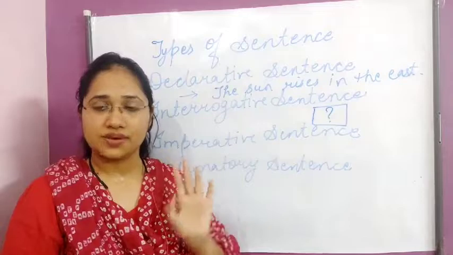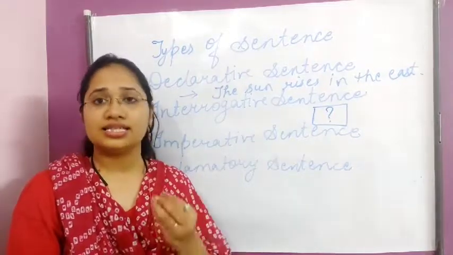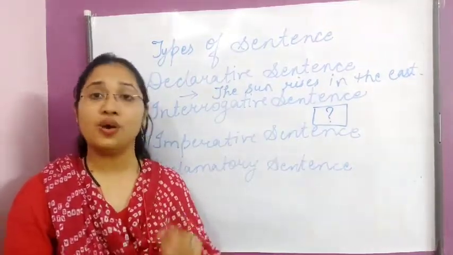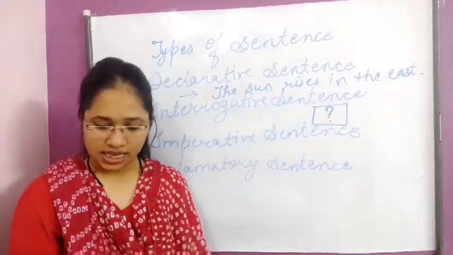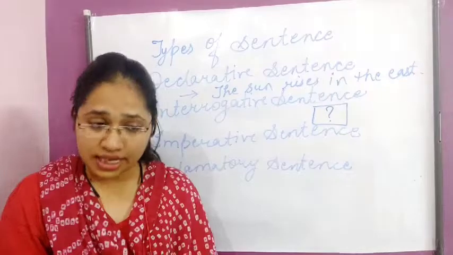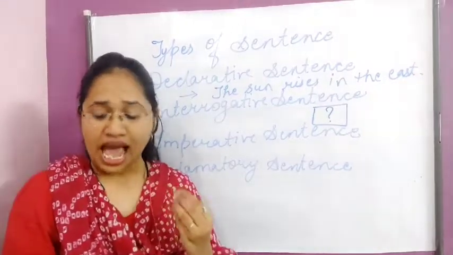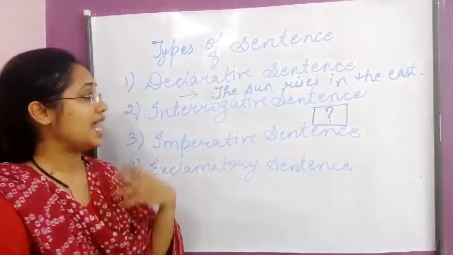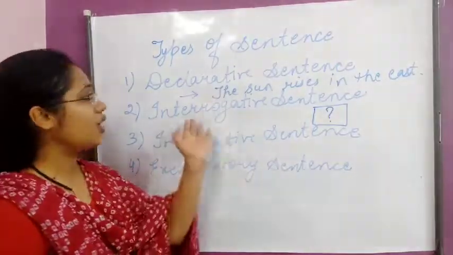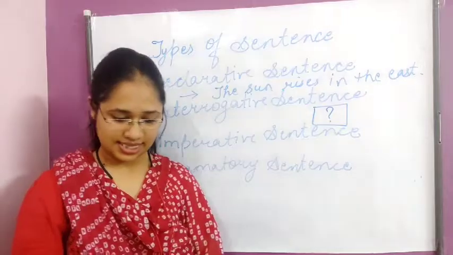That is the interrogative sentence, a sentence which asks a question, like: Where do you live? Why are you late? Do you sing? Have you bought some fruits and vegetables? These are question-framing sentences, and they are called interrogative sentences.